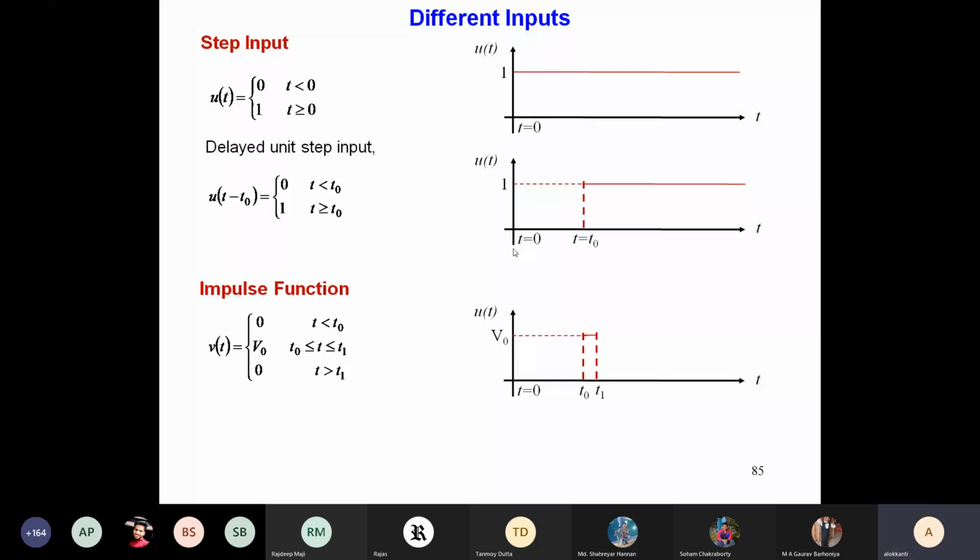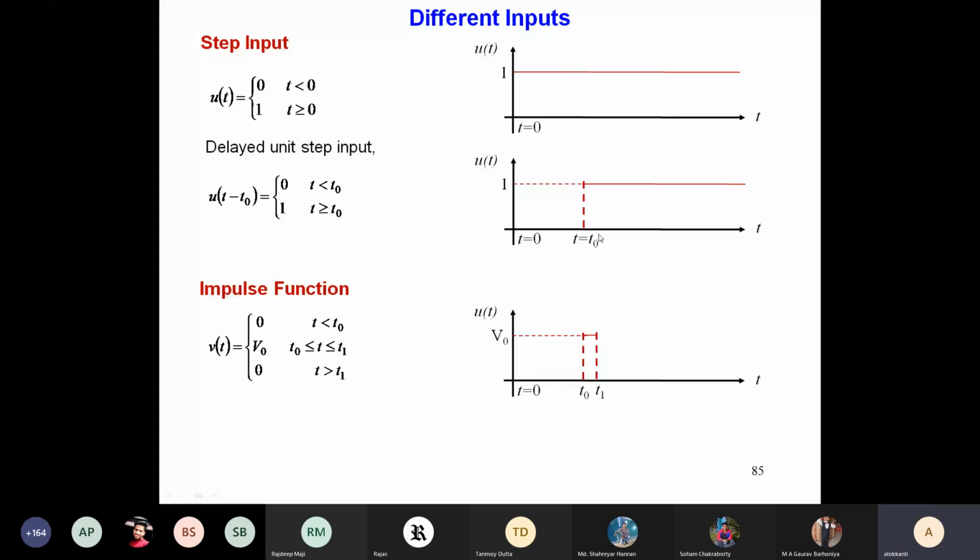Okay, so this is called the impulse function. An impulse function can be represented as a combination of two delayed inputs. Suppose you apply one delayed input at t equal to t naught, and then you subtract from it another delayed unit at t equal to t1.